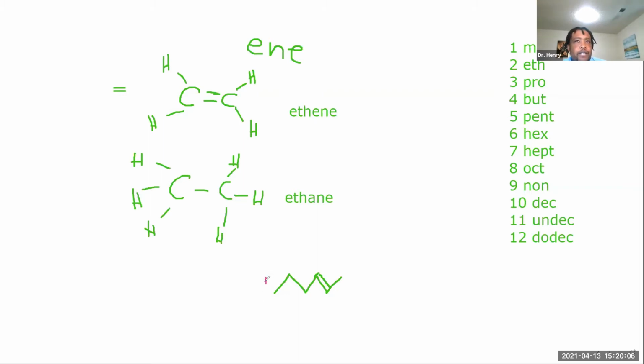So if I count it from this side, it'll be 1, 2, 3, 4, 5, 6. If I counted it from the other side, it would be 1, 2, 3, 4, 5, 6. So we want where that double bond is located to be the smallest value possible, and you always start with the carbon that it starts at.